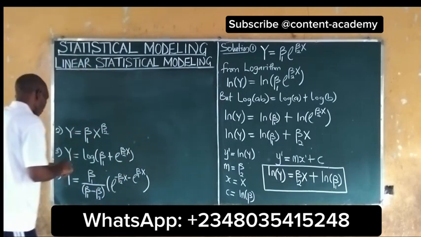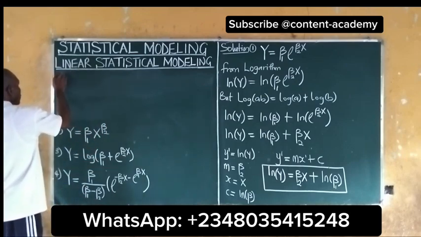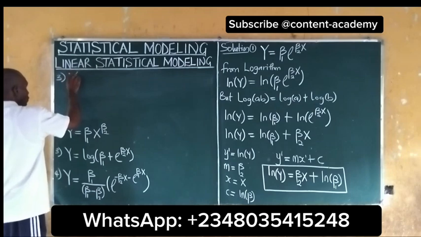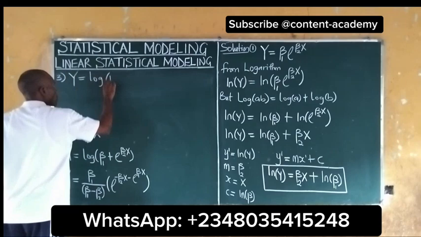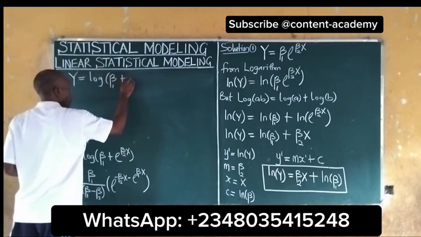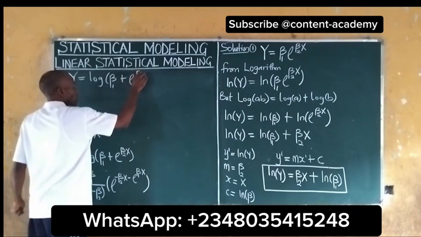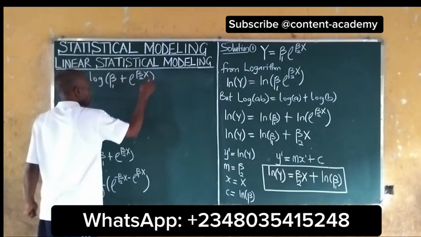So bring our number 3 and 4 up. Number 3 is y equal to log b1 plus exponential b2x.